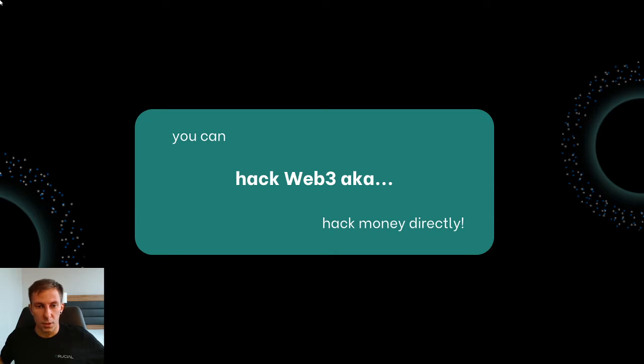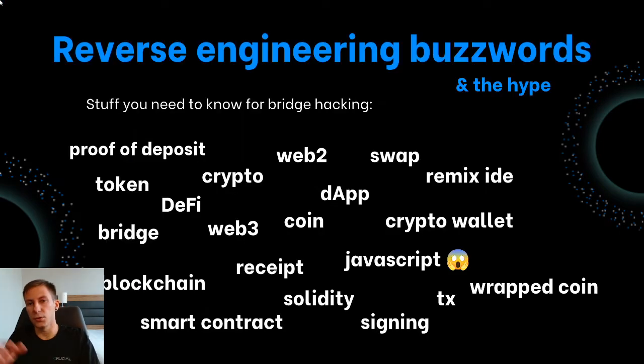But let's have a quick look at what kind of knowledge we need to hack bridge systems. Basically, when you start reading and learning about cryptocurrencies, you will see a lot of buzzwords popping up.